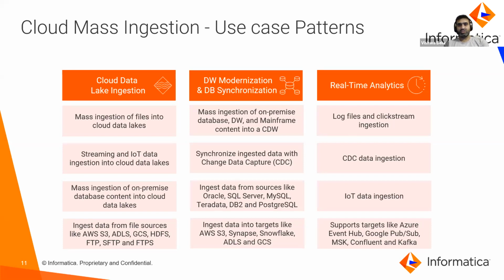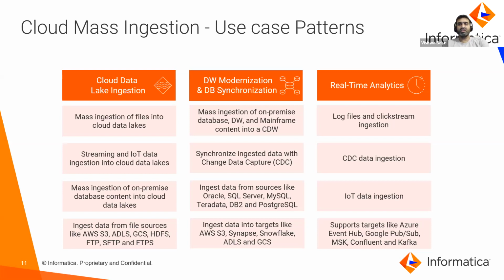And the second use case is data warehouse modernization or synchronization use case, right? So where you would be mass ingesting on-premise database or data warehouse data, or even mainframe like DB2 i Series or z Series into a cloud data warehouse, followed by synchronization, right? So you do the initial load, and then you do the incremental load and apply the changes onto the target, while taking care of schema drift, right?